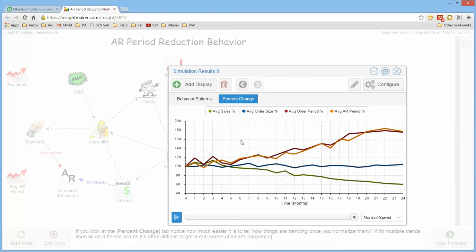And these are simply the same values plotted as percentages, so that it's much easier to get a sense of how this has happened over time.